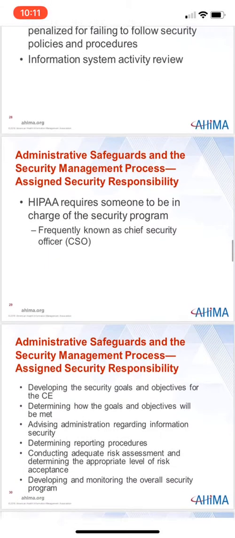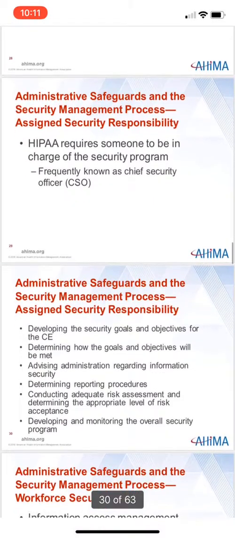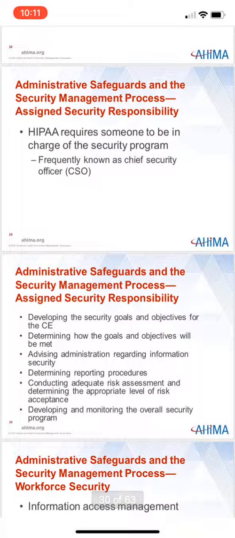This person is going to be responsible for developing the security goals and objectives for the covered entity, determining how the goals and objectives will be met, advising administration regarding information security, determining reporting procedures, conducting adequate risk assessment and determining the appropriate level of risk acceptance, and developing and monitoring the overall security program.